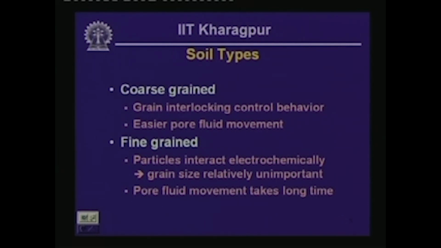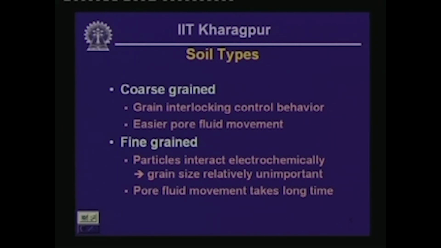And then we could have fine grained soils. Here the particles, as I mentioned, are plate like or thread like, and they interact electrochemically. As a result, grain size of this type of soil is relatively unimportant, and here the behavior is mainly controlled by the plasticity of the individual grains. We are going to look later on at what is meant by plasticity.